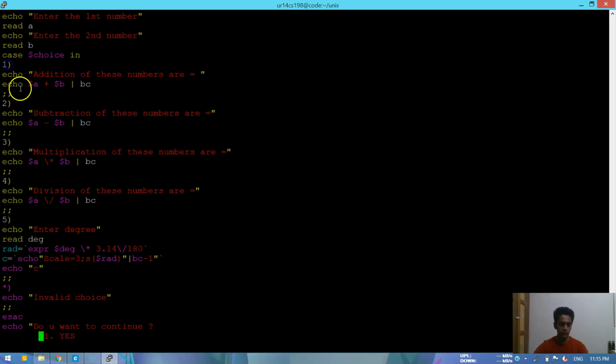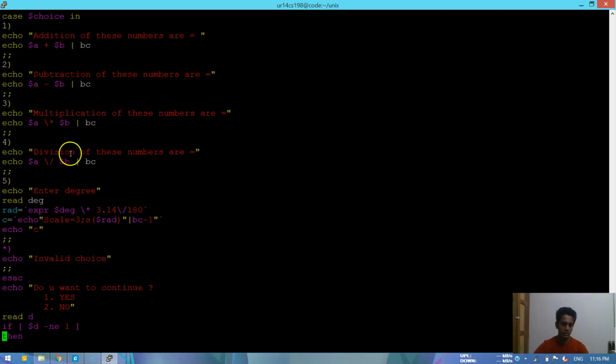So then the first one, what we do is echo addition of the numbers are, so A plus B, we give that pipe to BC. Subtraction of these numbers are A minus B, we give pipe to BC. Multiplication is the same, A star B to BC.